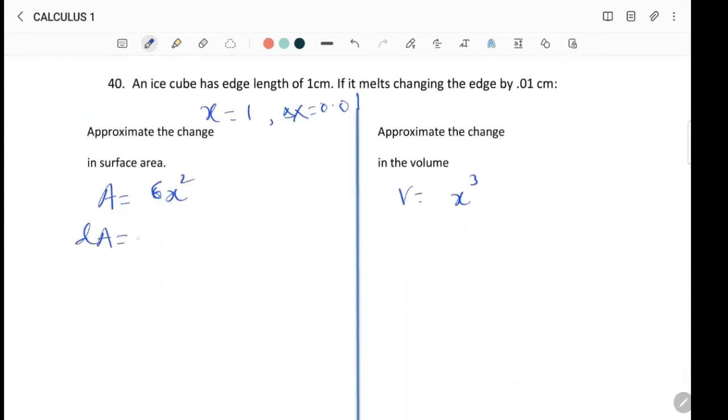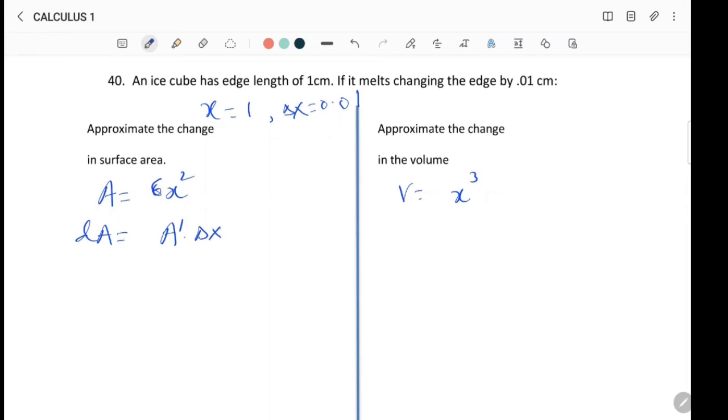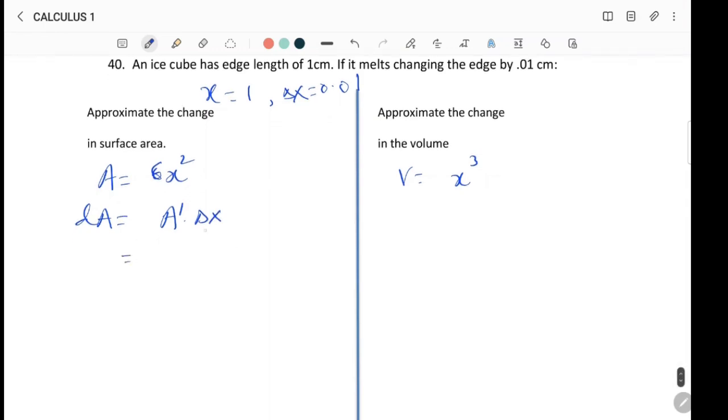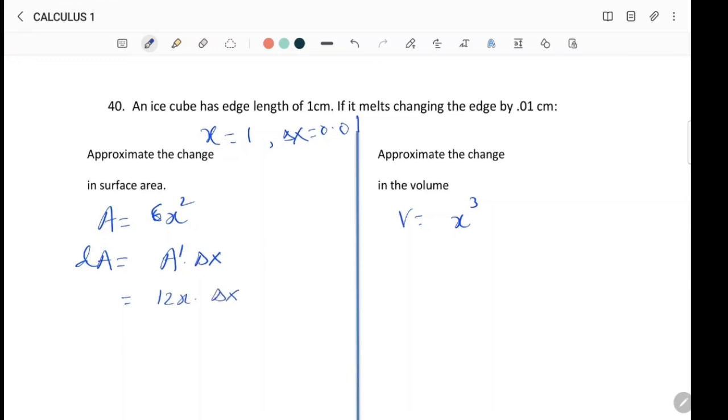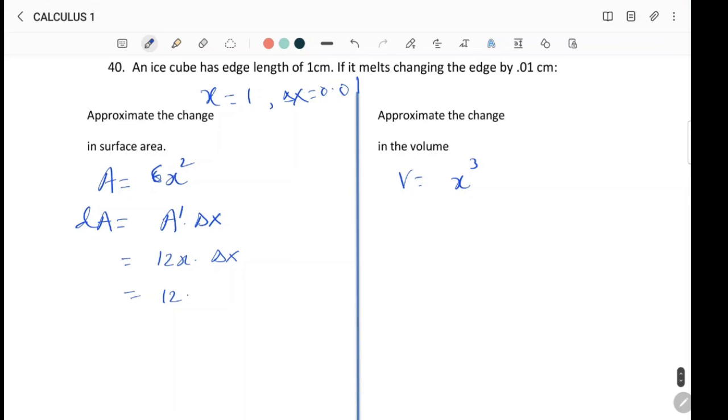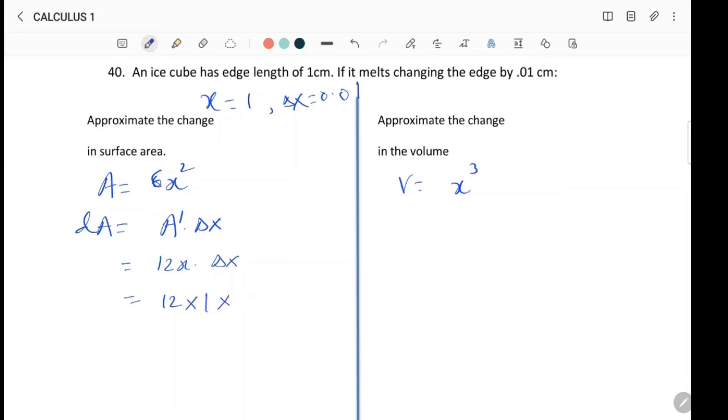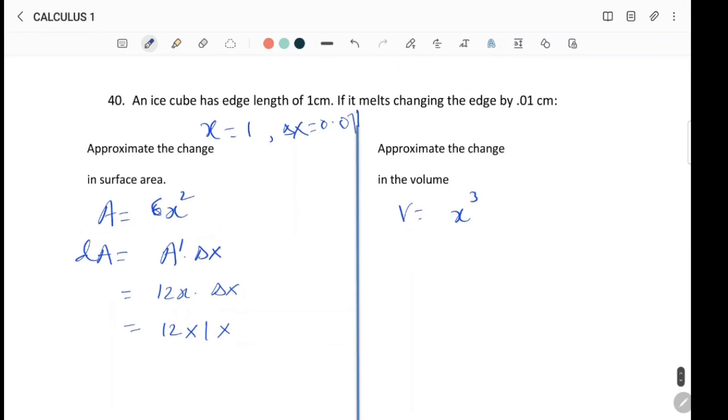So approximate change in area dA is A dash x delta x, which is 12x delta x, and x is 1 and delta x is 0.01.